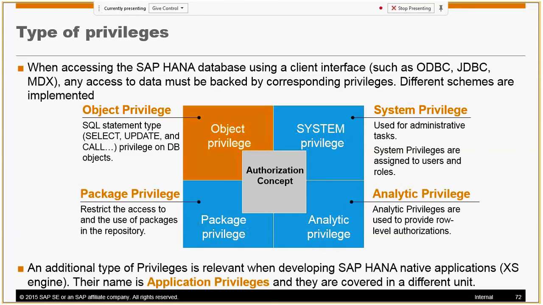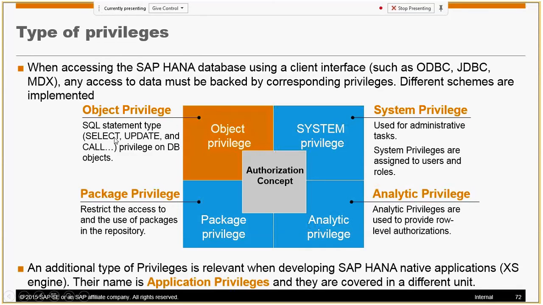Okay, quickly in terms of privileges. We have already seen the concept, so I will go really quick here. We have object privileges. These are privileges on objects in the database. So whatever object that you have in your catalog, schema, table, whatever, can be selected here as an object privilege.